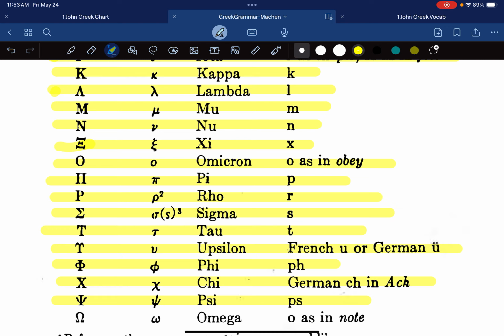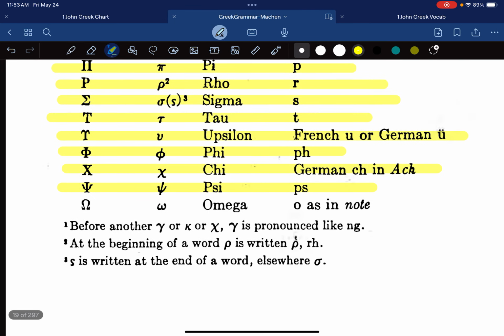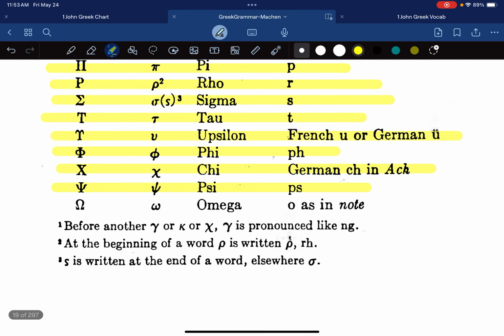If you notice, the letter even looks like a symbol for a Poseidon. Then we have the omega. The omega is the last letter of the Greek alphabet, and it is the O sound, as in note, the omega.